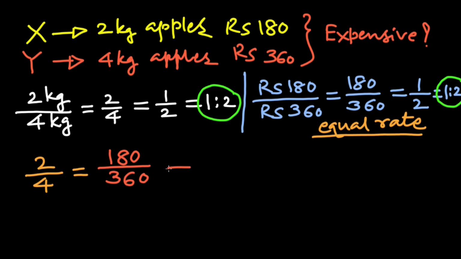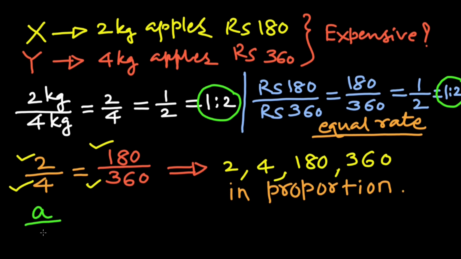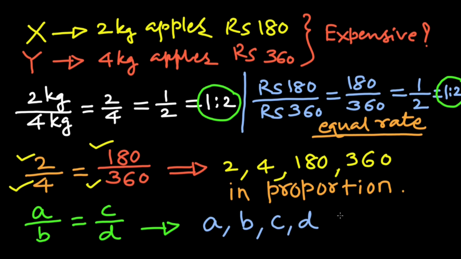When two ratios are equal, we say that the numbers 2, 4, 180 and 360 are in proportion. So in general, if ratio A by B is equal to C by D, we say that the numbers A, B, C, D are in proportion.